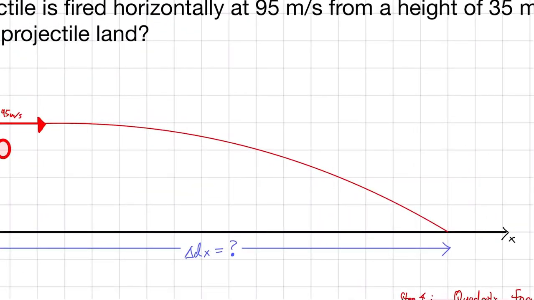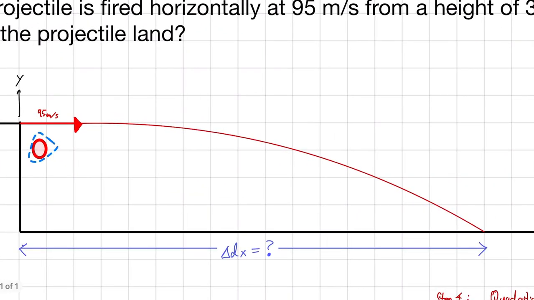And remember, this 95 meters per second, that horizontal velocity is maintained throughout the entire time that the projectile is in the air. We're not taking into account air resistance that would slow this down, so the object maintains the same velocity in the x direction throughout its entire time in the air.